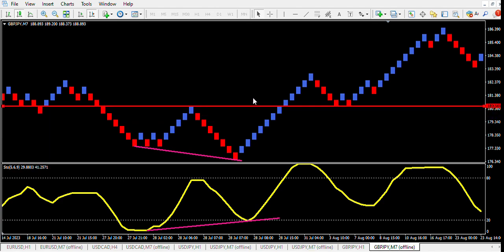You would have entered at the second blue brick, and your first take profit would have been, you look left, and you can see where it had previously hit a zone right here. In this case, that would have been a 51. That's 250 pips again. That's a great trade.